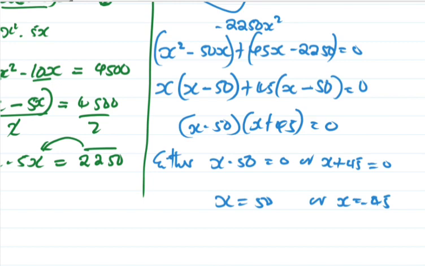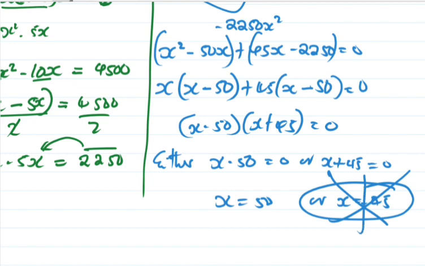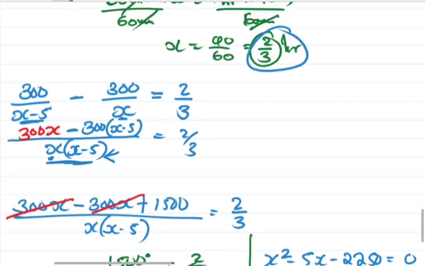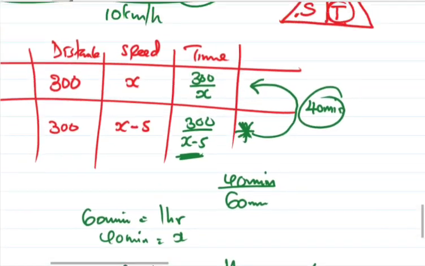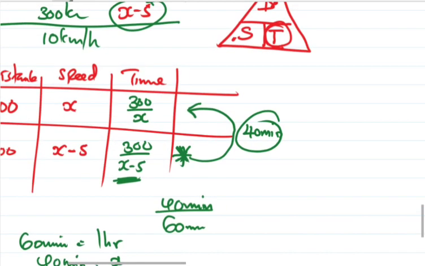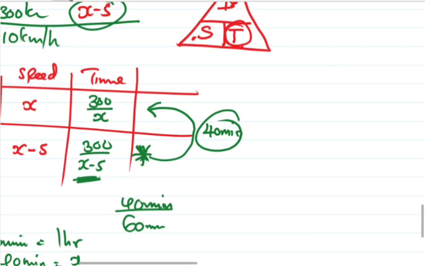So we are finding average speed, so we cannot take average speed negative. So average speed, that's 50 kilometers per hour. So now we can find time: 300 divided by 50, the answer is 6.